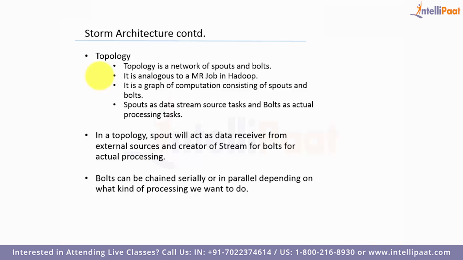If I need further processing on that data, I will feed it to another bolt, which will receive the output of the first bolt, process it and write it further. The output from the second bolt can again be the input to another bolt, or it can be the final output that I want to write to my destination system.